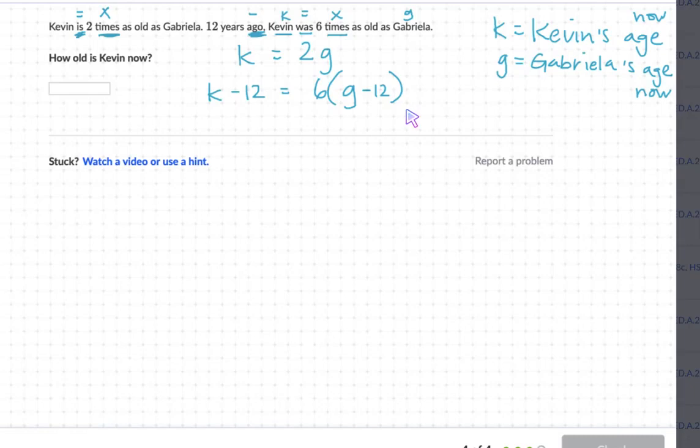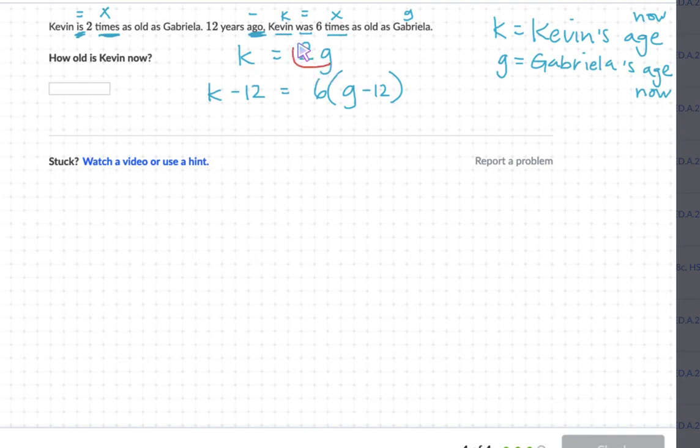And then you can use any method to solve these. You probably don't want to use a graphing method because it's easier when you have y's and x's, but you could change it so that one is x and one is y. But then you have the graphing paper you need to take out and all that. Substitution could work here because we have a variable that's already isolated.